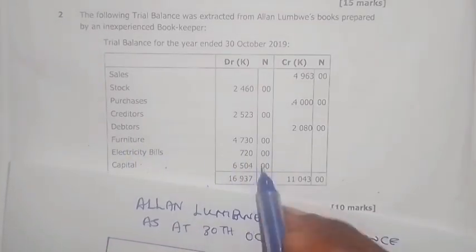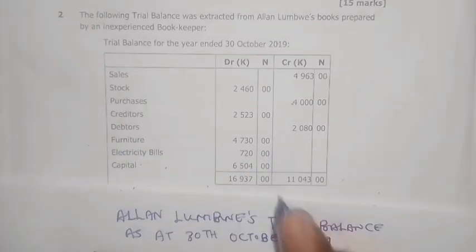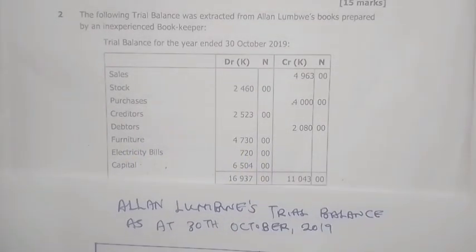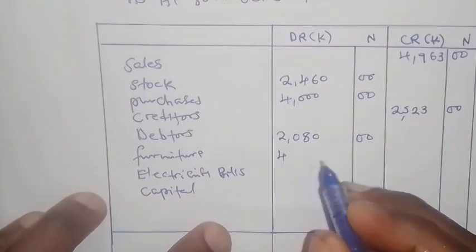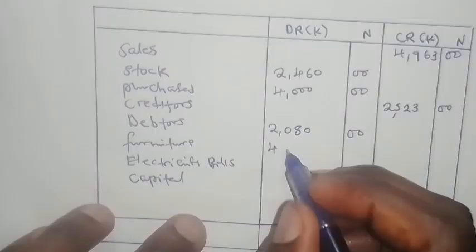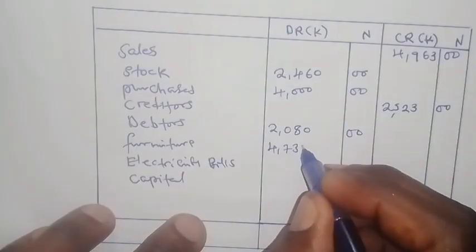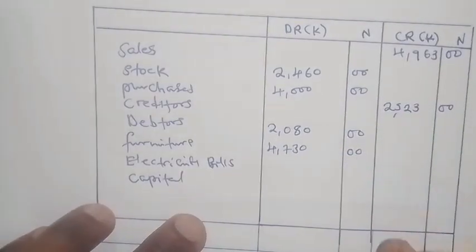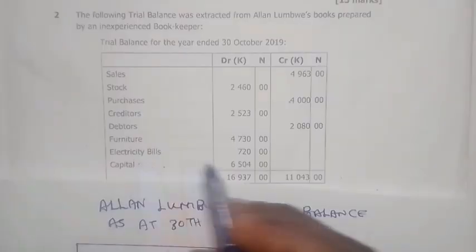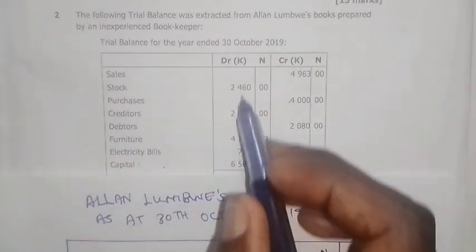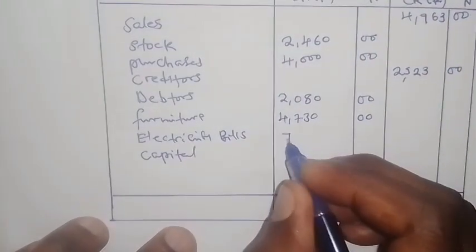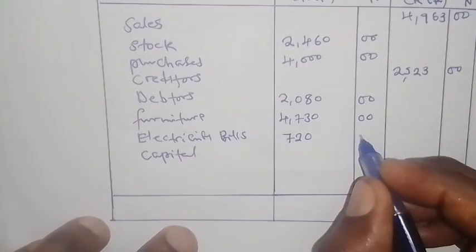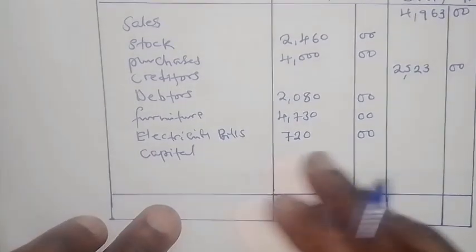Furniture, this is a fixed asset, so it is entered correctly, so just maintain that one, which is just going to be 4730 00. And then electricity bills, this is an expense, so all expenses are entered on the debit side, so this is going to be 720.